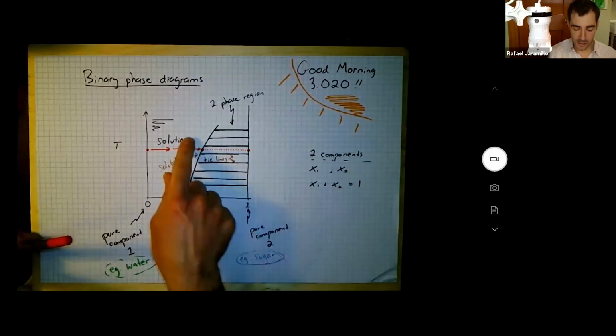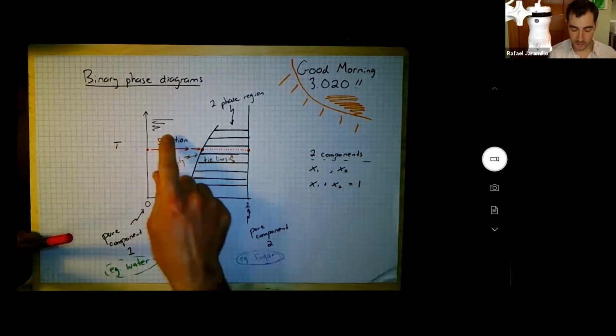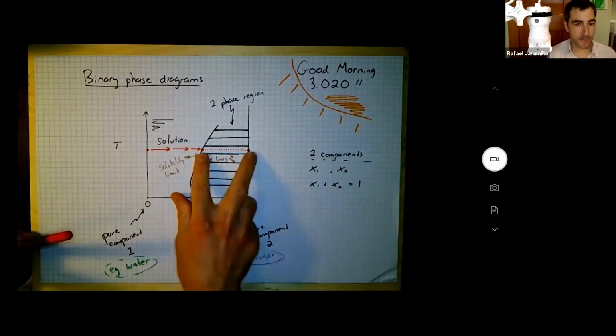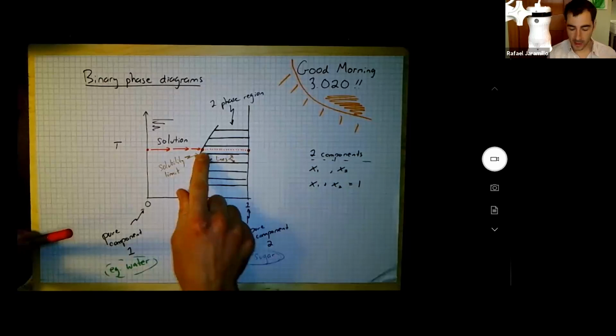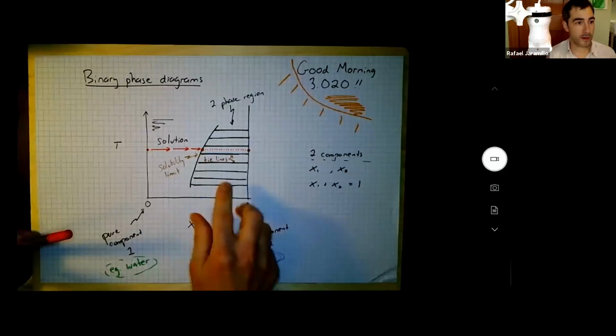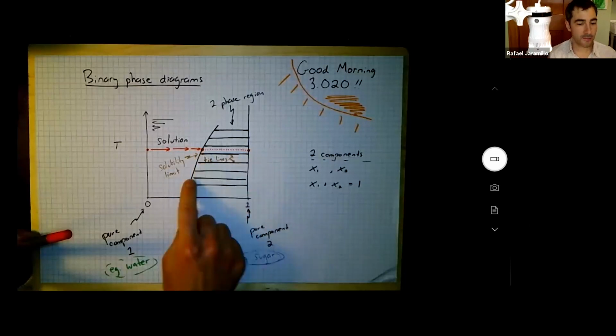So in this region, the composition of the solution changes continuously with the overall system composition. But in this region, the composition of the solution is fixed, even as the overall system composition can vary, because I have two phases. That's the meaning of two-phase regions, and the tie lines connect the phases that coexist.